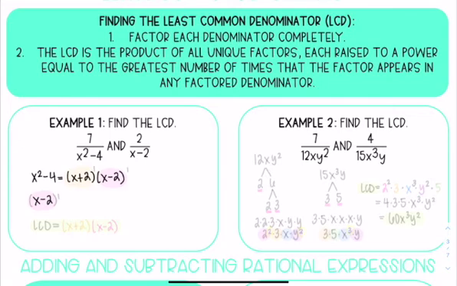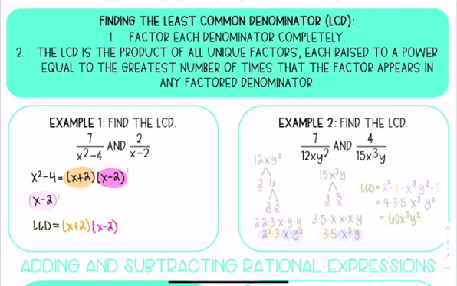So the LCD takes all of the unique factors and then raises it to the highest power that's present in any of the denominators. So that means we need to take x plus 2, we need to take x minus 2, because those are unique.